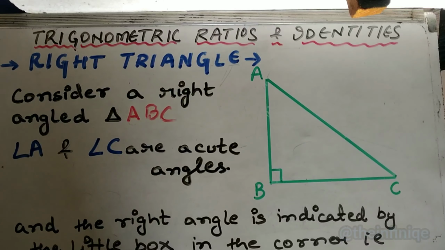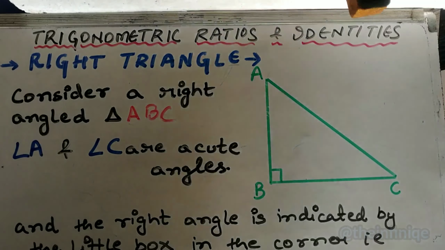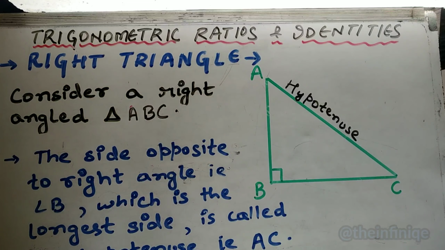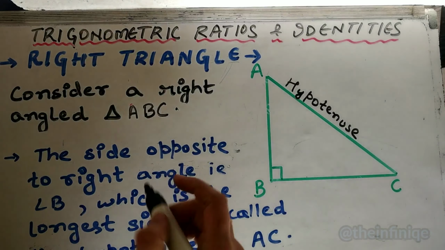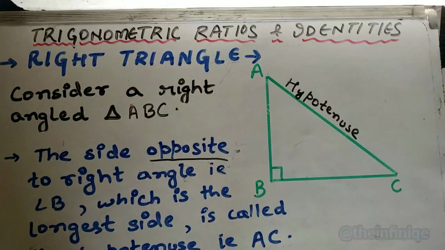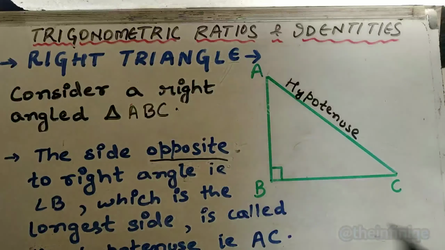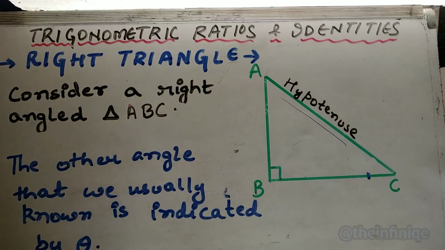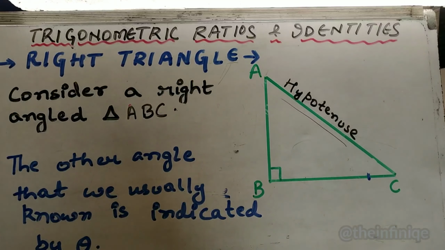And the right angle is indicated by the little box in the corner, that is angle B. The side opposite to the right angle, that is angle B, which is the longest side, is called the hypotenuse, that is AC. And angles A and C are the acute angles, and mostly these acute angles are given.